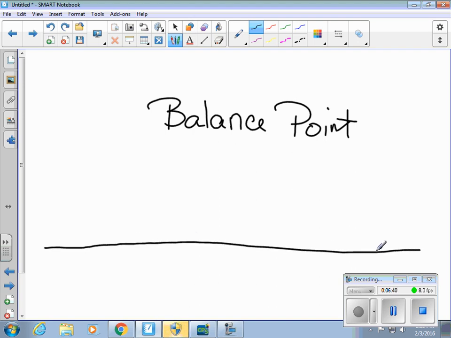I know mine's crooked, sorry. You're doing an example. Here's 12. Give yourself a little bit of room. 13, 14, 15, 16, and 17.